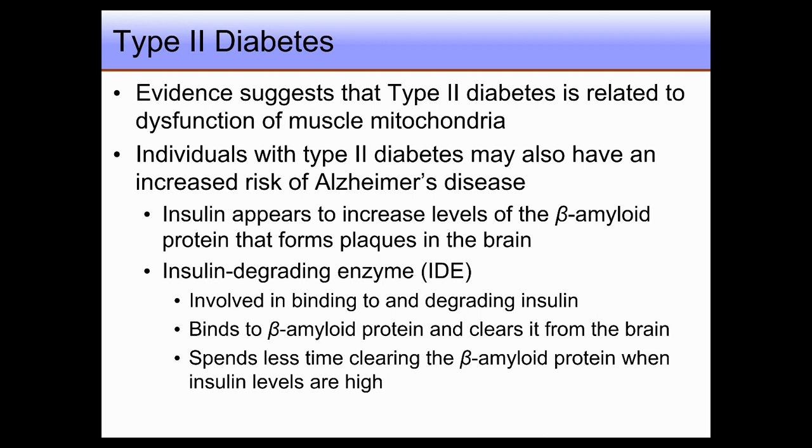One interesting note is that sometimes type 2 can be regulated through diet and exercise, but sometimes it can't. And usually, individuals that can't get it managed are given insulin. So it's kind of an interesting thing.